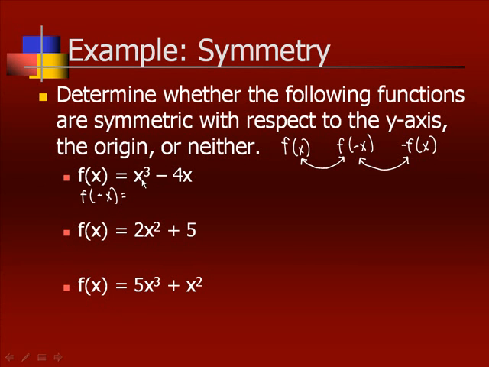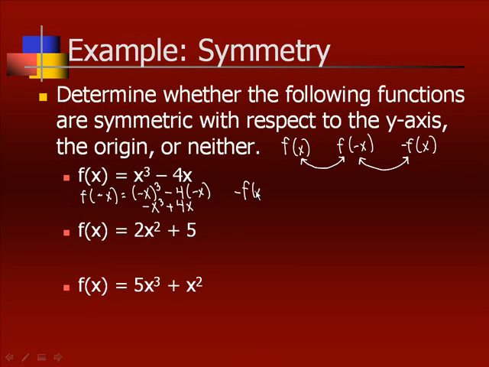So for the first one, f of negative x means everywhere you plug in an x, you plug in a negative x. We get negative x to the third minus 4 times negative x. So that would be negative x to the third plus 4x. This sign is different from this one. This sign is different from this one. So these two are not the same.